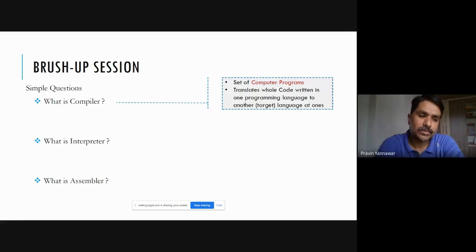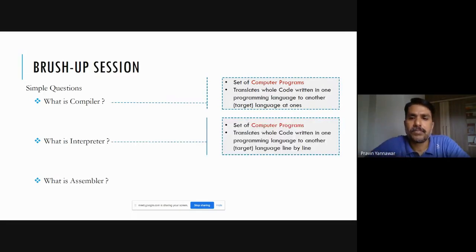So the whole collection of sequentially written statements is converted into one particular code at once. And if, while translating a program into machine code, your compiler finds some error, it will be flashed at once only. Okay, so that is fine with the compiler.